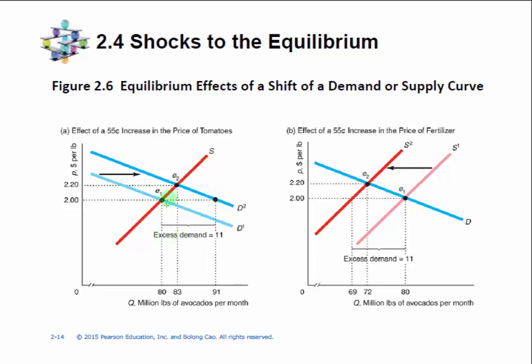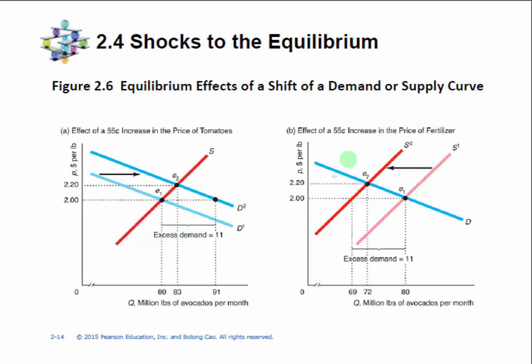What you will have is basically the equilibrium price changing in the same direction as the equilibrium quantity. So if you have an increase in demand like what we have in the picture, right, the equilibrium price will increase, and so will the equilibrium quantity. If, on the other hand, the demand decreases, right, the whole demand curve shifts to the left, you will have the equilibrium price decrease and the equilibrium quantity decrease as well.